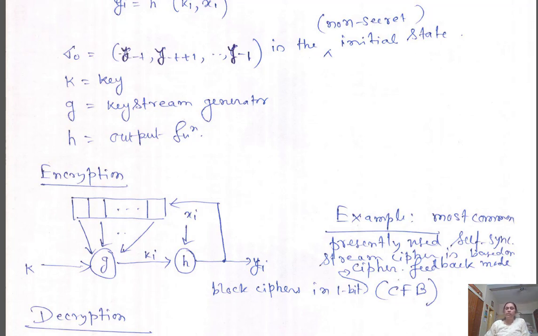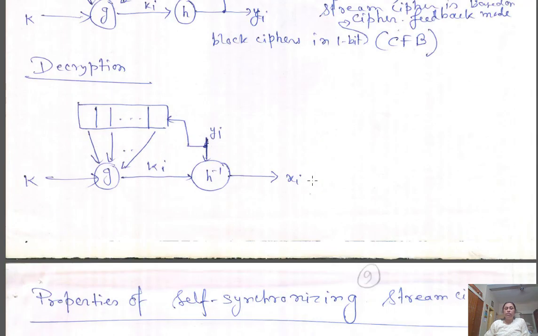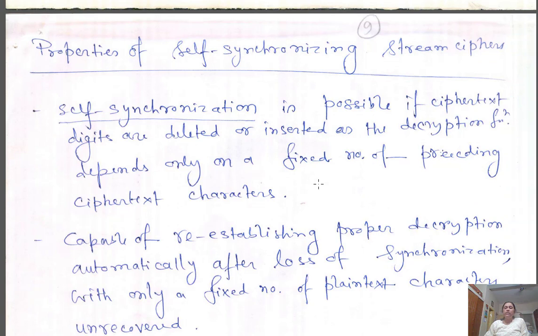It is memory in which we store T many values. But in normal CFB mode we use only 1 bit. So it also has certain nice properties, meaning advantages as well as disadvantages.